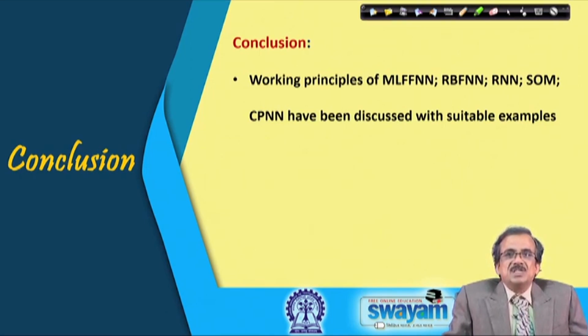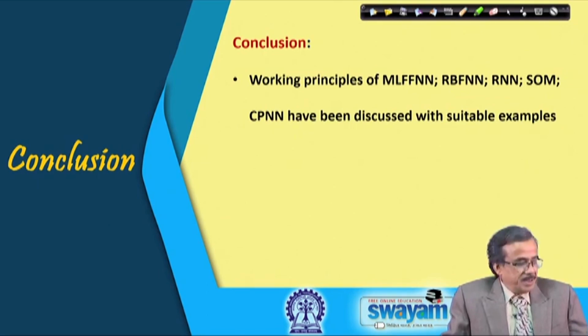In the next lecture, we are going to see how to evolve a particular network and what is the basic principle based on which we can evolve a very efficient network, so that we can do this type of input output modeling in a very efficient way.